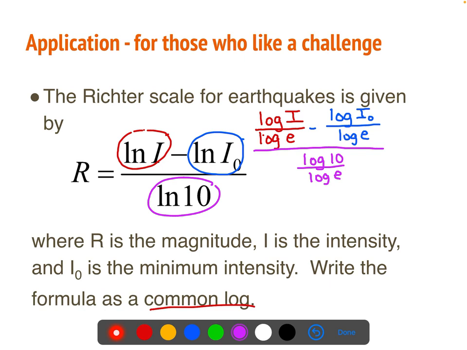Okay, so I kind of did that. Now I've got a whole bunch of log E's. Oh, but this is something I can deal with, because right here, these are the common denominator, log E. So I can put those together over the same denominator.